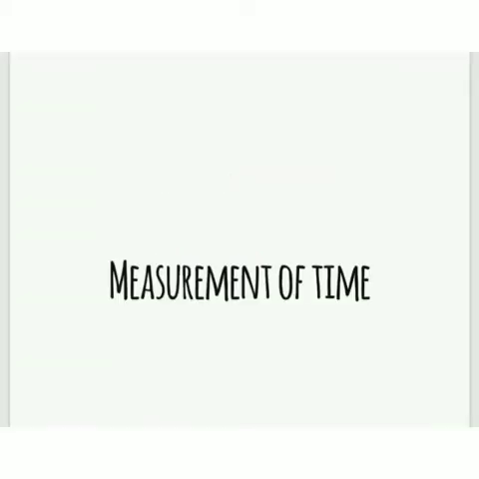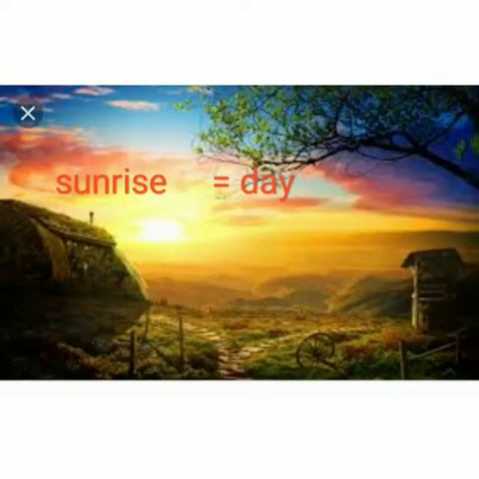Next, we proceed towards the measurement of time. How do we measure time? How do we know how much time has passed and how much time is left? Now, according to early observations, in ancient times, with the sunrise, people used to call it day.